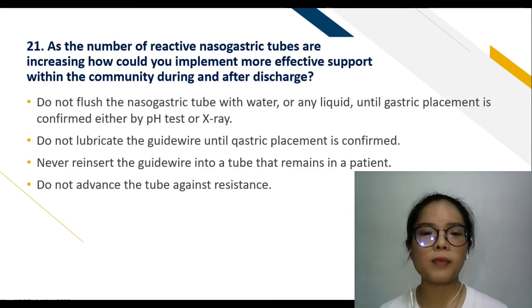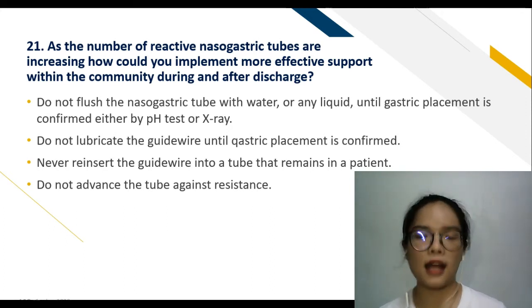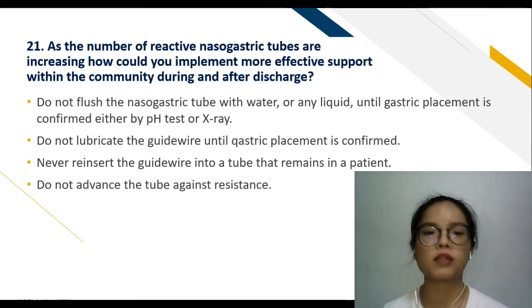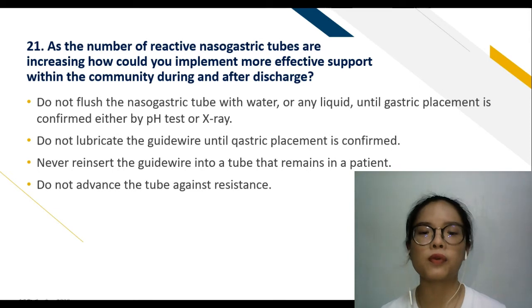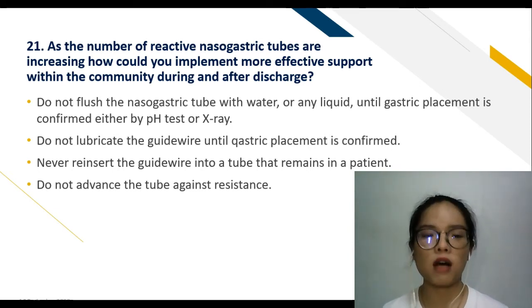There are some effective supports within the community, or during and after discharge, for those with nasogastric tubes. For example, do not flush the nasogastric tube with water or any liquid until the gastric placement is confirmed, either by a pH test or X-ray. Do not replace the guide wire until the gastric placement is confirmed.